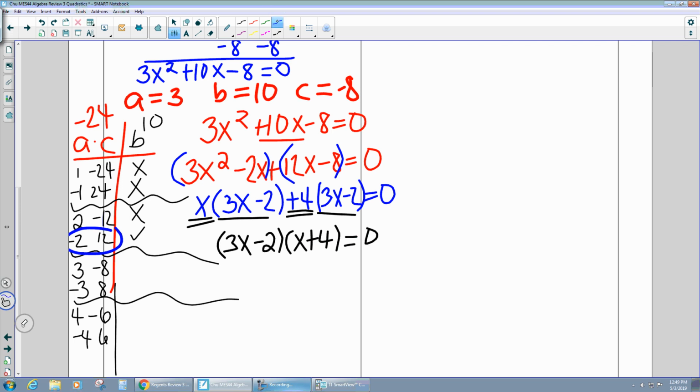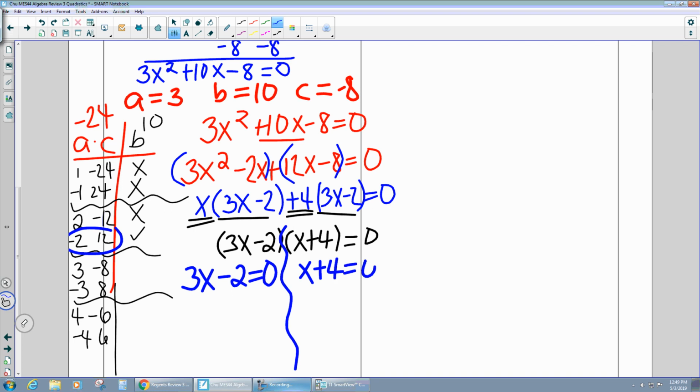Okay, next, separate them into two equations and set each equation equal to 0. So I have 3x minus 2 equals 0, and x plus 4 equals 0. To solve the left side, let's add 2 to both sides. I get 3x equals 2.